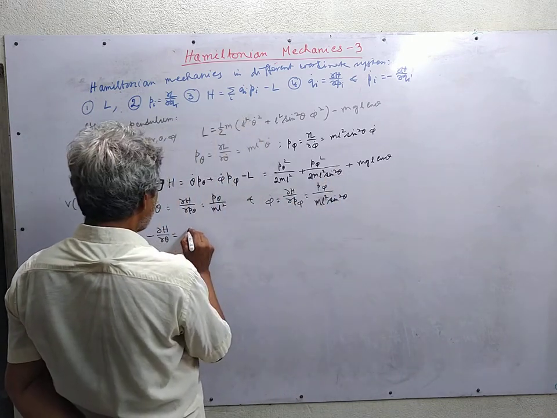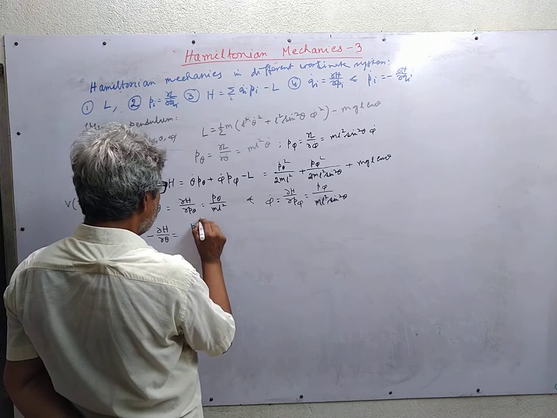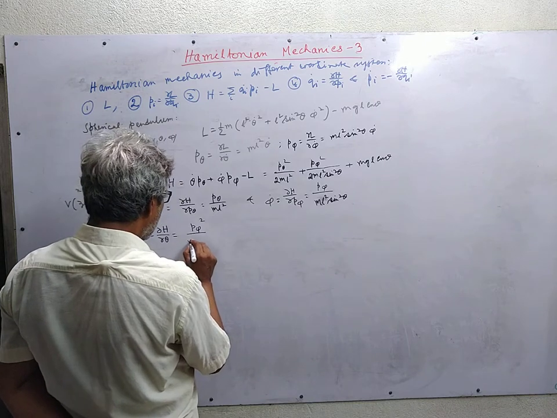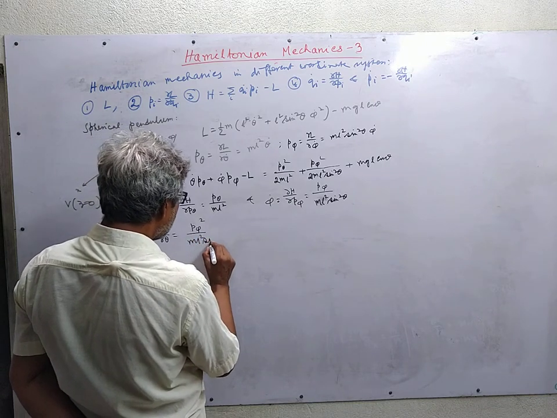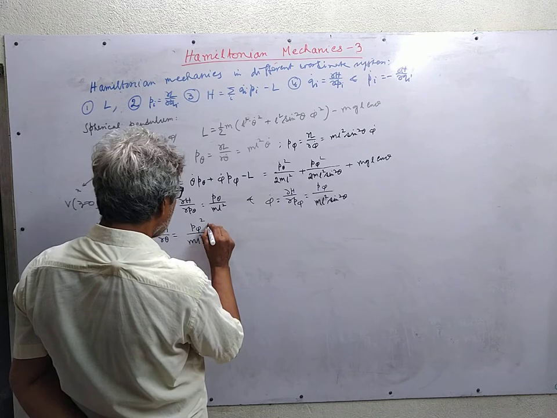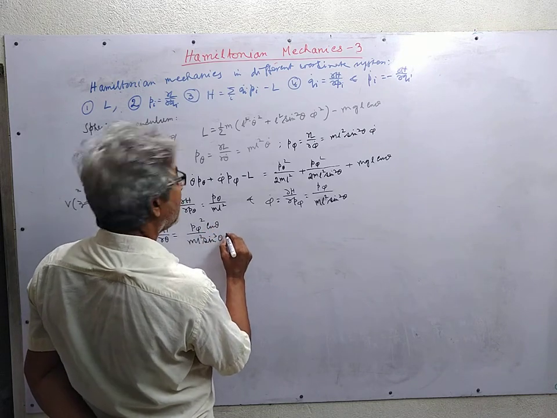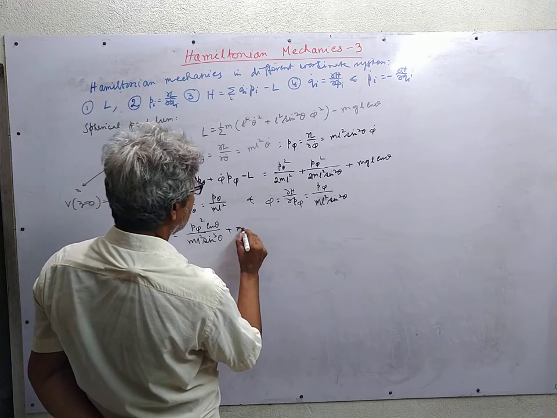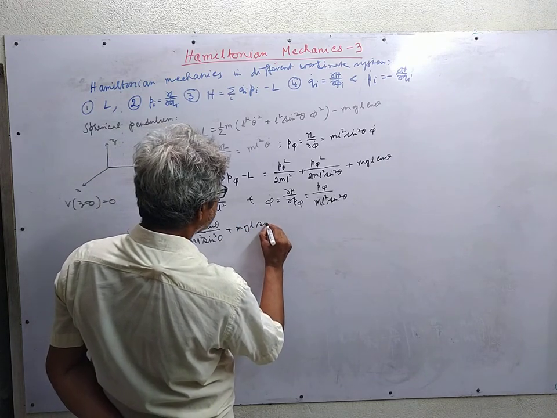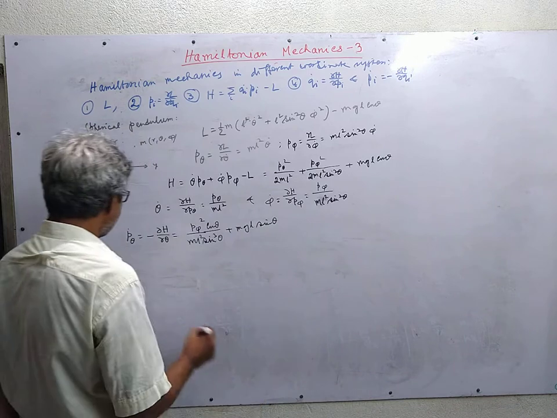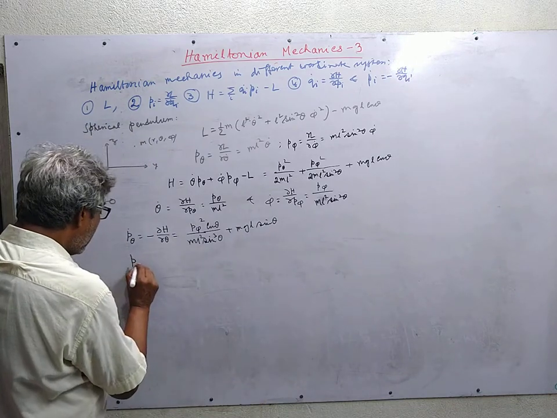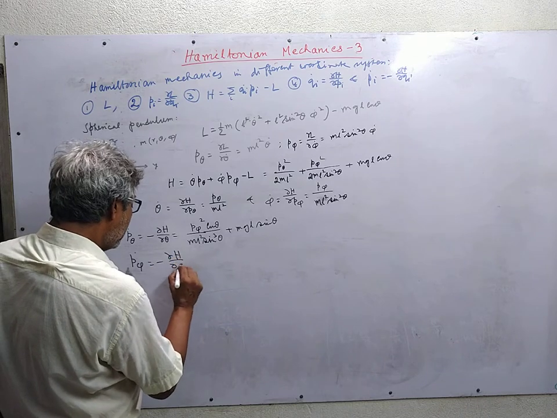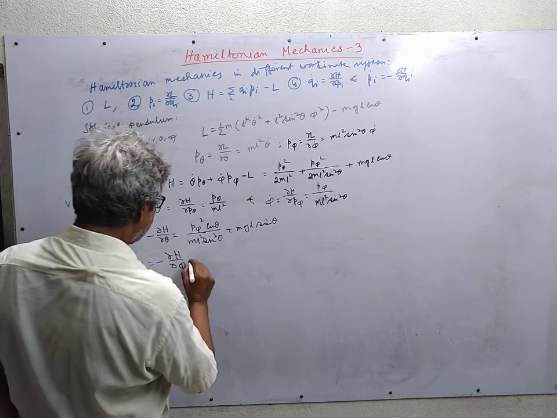So this is p phi square upon m L square sine cube theta cos theta plus mgL sine theta, and p phi dot is equal to minus del H del phi, which is 0.